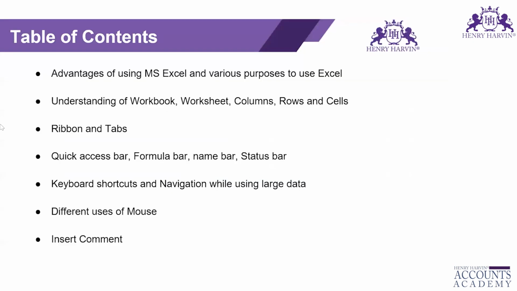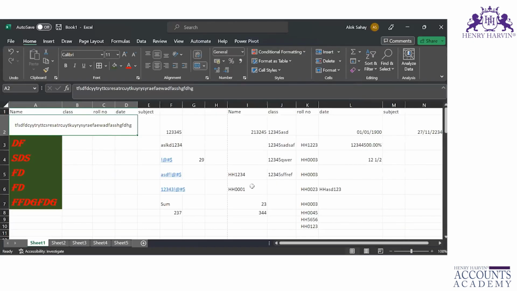Now after that, there are keyboard shortcuts and navigation while using large data. So basically you can use your control and shift buttons. First, the most important thing is to use your arrow keys, for going right, left, downward and upward. Along with that, if you use them with control, it will give you better and faster movement.